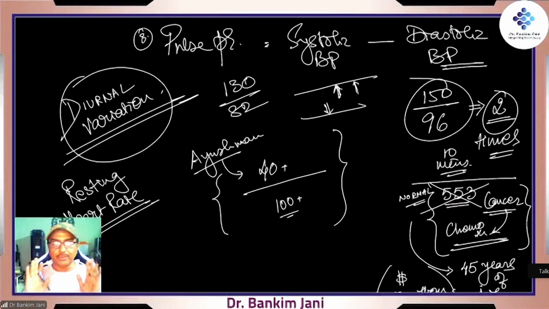Because when you are comfortable, the heart goes to that level and over there it is beating, giving enough blood supply to the entire body. Muscles are not involved because muscles are not working. You need to try to drop this resting heart rate. That will be one of the very important parameters.